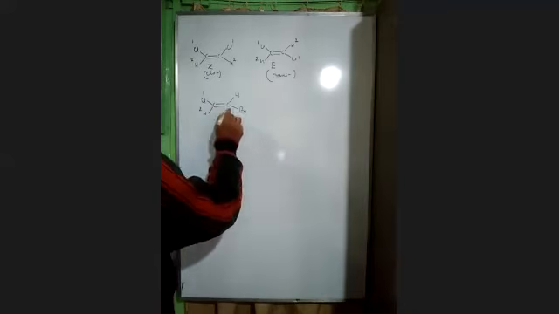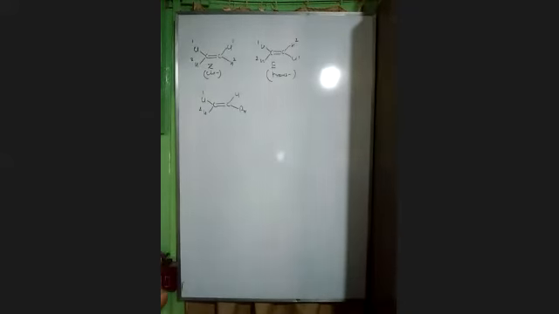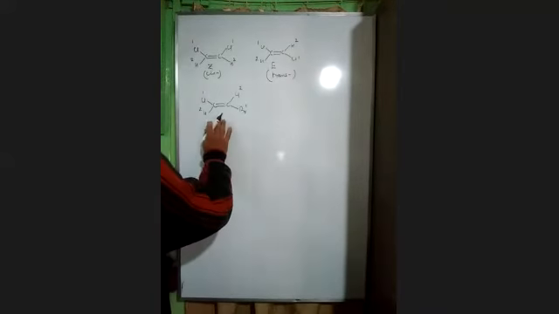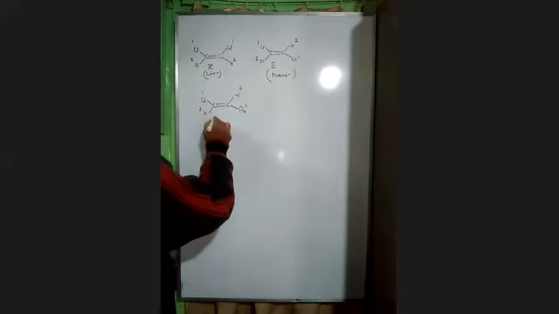Between chlorine and bromine, whose atomic number is higher? Bromine. So it will be 1 and it will be 2. So what will be its nomenclature? Trans. Trans means what alphabet should I use now? E. Correct.